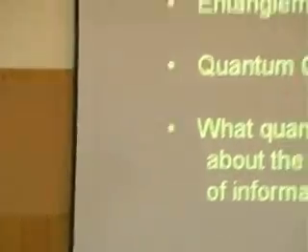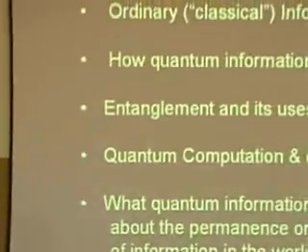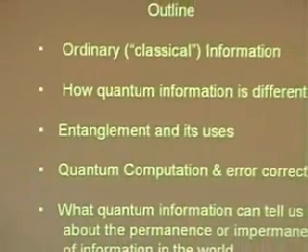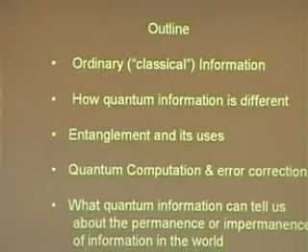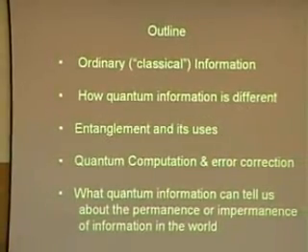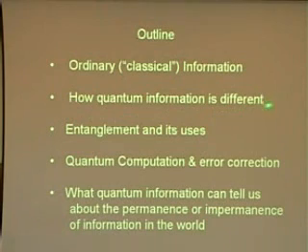Of course, my outline is I'm going to speak of what ordinary information is, classical information, which really everyone knows, even non-scientists. How quantum information is different. Entanglement, I'm going to try to explain that and what it's good for. Something about quantum computation and error correction.